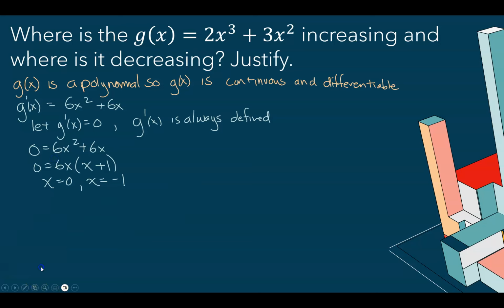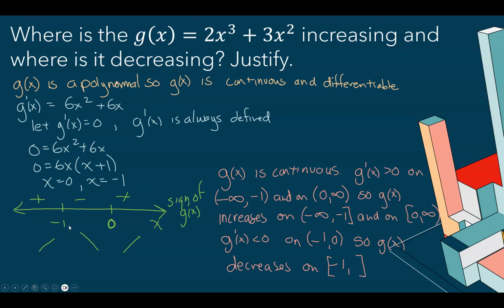Okay, erase that. And then what are we going to start off with? g of x is continuous. g prime is positive on negative infinity to negative 1 and on 0 to infinity. A big mistake would be to use a union here. We don't want to get in that habit, at least at our school.